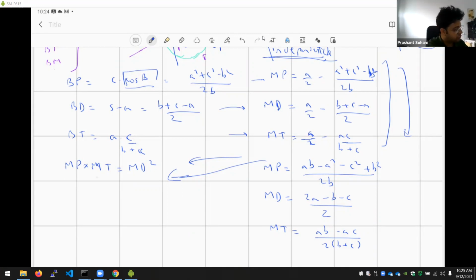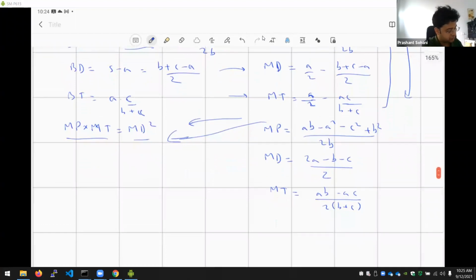Okay, so on one side we have to compute MP into MT, and on the other side it is MD square. So MD square, I'm just thinking how we can simplify this a little bit more. I'm just thinking of writing it this way, so then finding its square might be somewhat simpler.